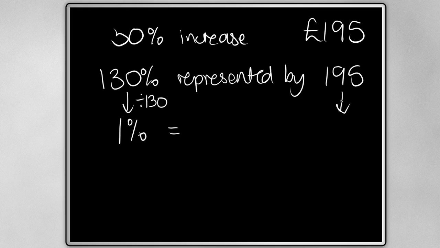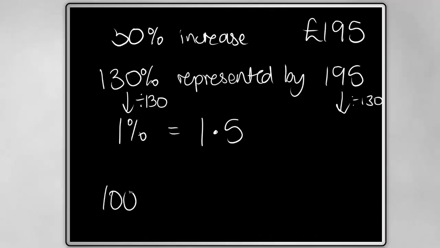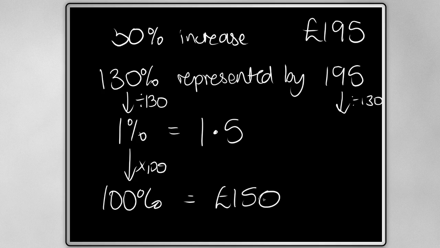So if I divide 195 by 130, I get 1.5. So 1% is 1.5. I can then find out what 100% is, because I need to times by 100. So multiplying by 100, 100% is therefore £150. So there's your original amount.